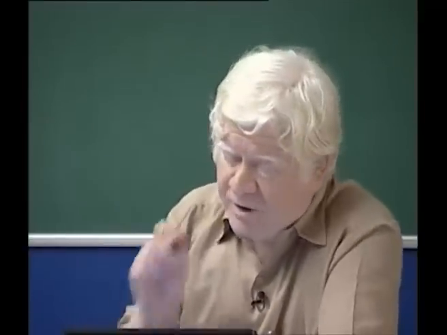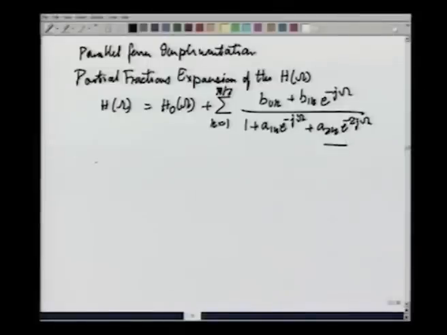So, in order to implement just this one particular h k of omega, I will rewrite this as h 0 of omega plus summation k equals 1 to n by 2 of h k of omega. So, what form does h k of omega take?